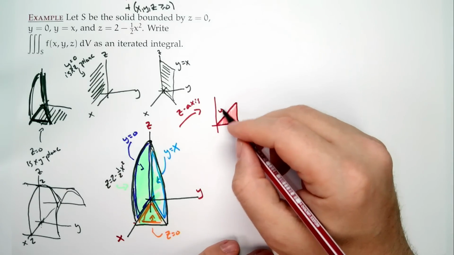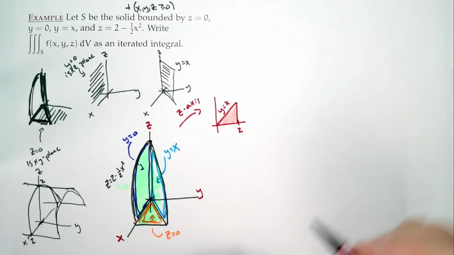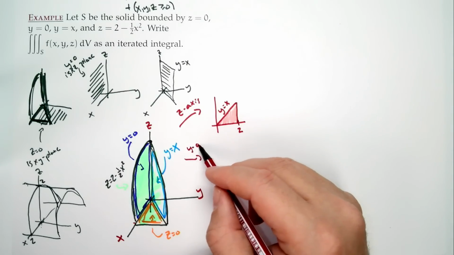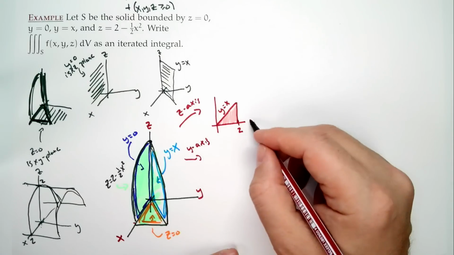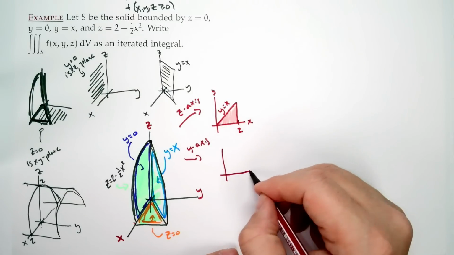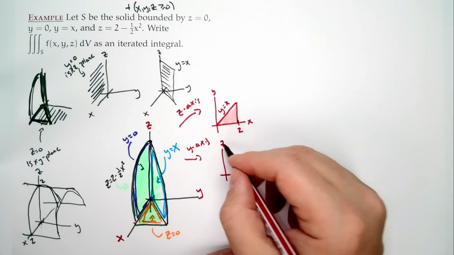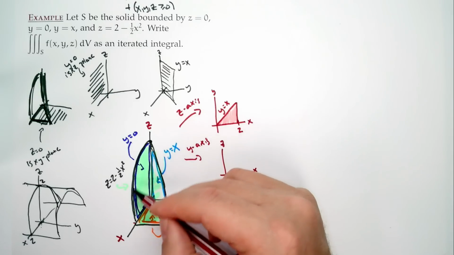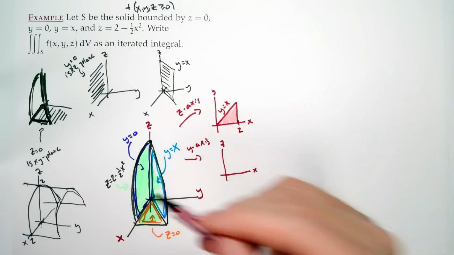That's our shape. Now, suppose we look down the y-axis. If we look down the y-axis, what we're going to see is xz. And what we see is this shape here. What is that?